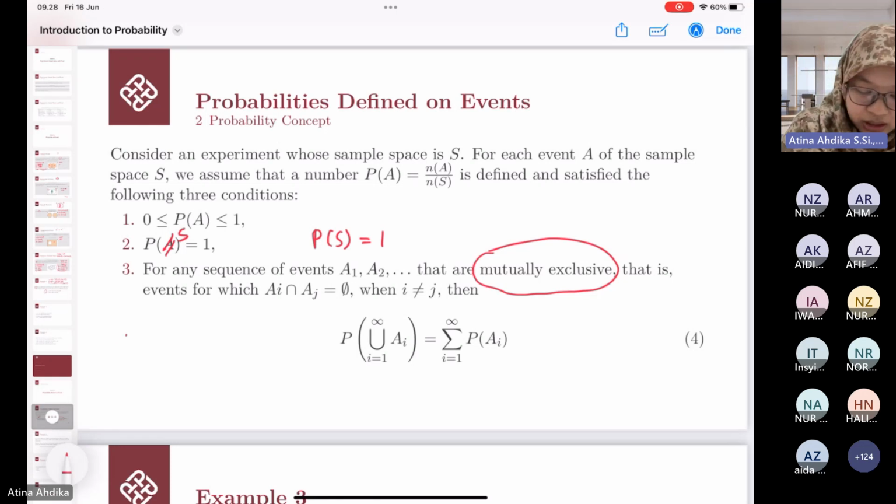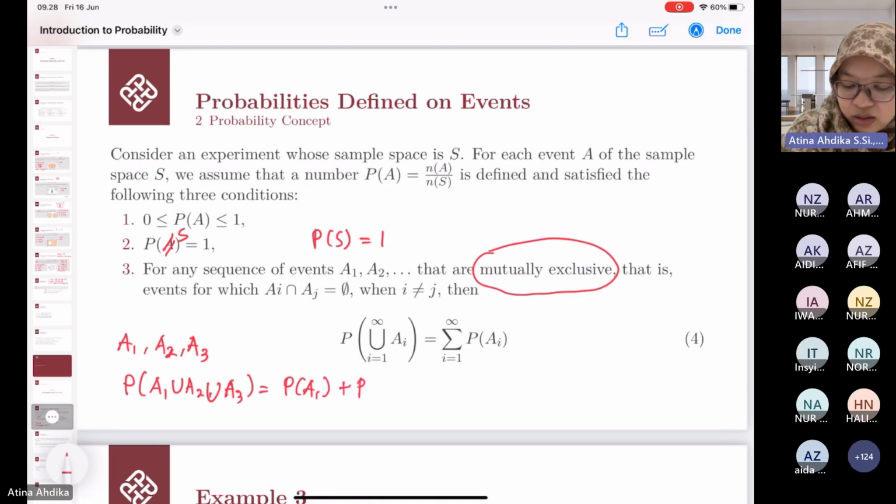So if we have A1, A2, and A3, which are mutually exclusive, then the probability of the union of A1, A2, and A3 will be the sum of the probability of A1 plus the probability of A2 plus the probability of A3. But this is only for mutually exclusive events.